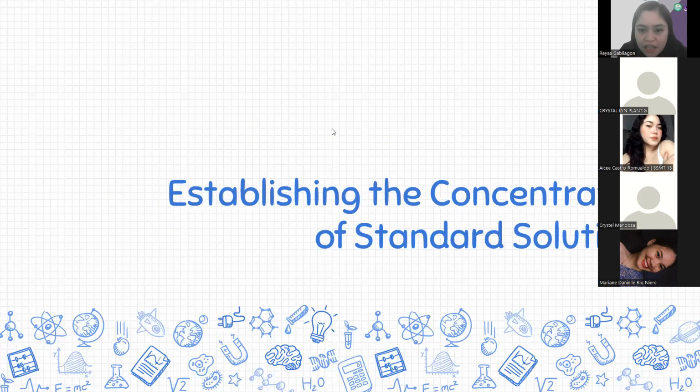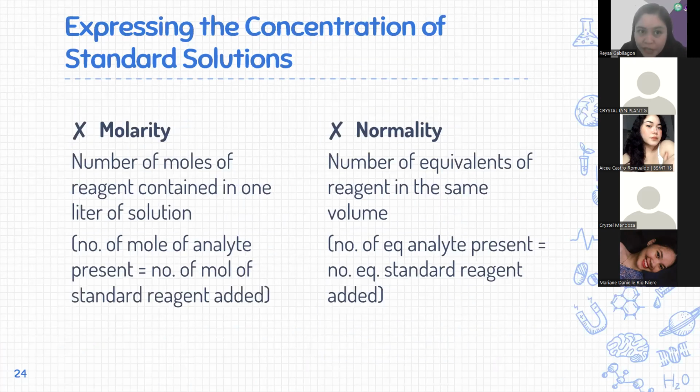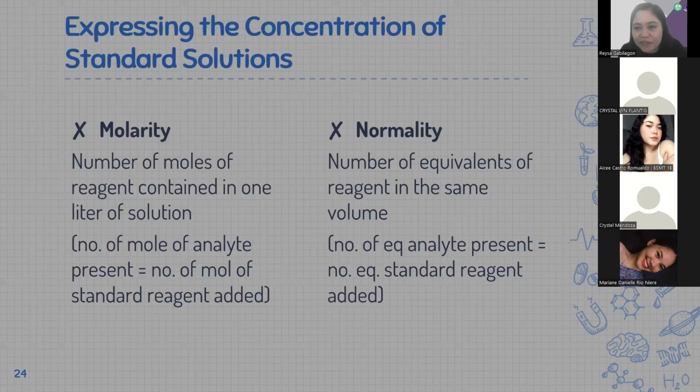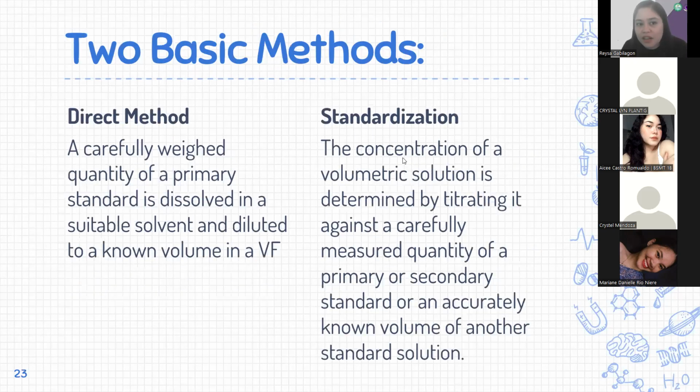Now, next meeting class, we will be doing the problem solving for the titration process, which is applicable also sa inyong laboratory worksheet. So, babalikan natin class yung normality and molarity. Hindi pa kayo tapos with molarity and normality na kahit na-discuss natin ito sa Chem 101, balikan lang natin. Okay, we will be discussing direct method and standardization.